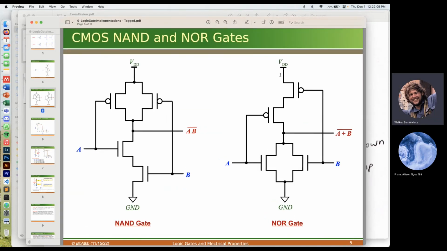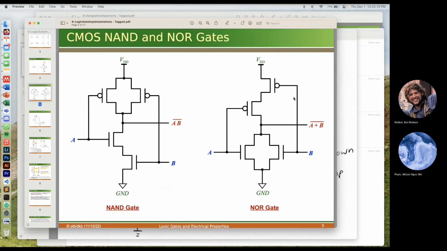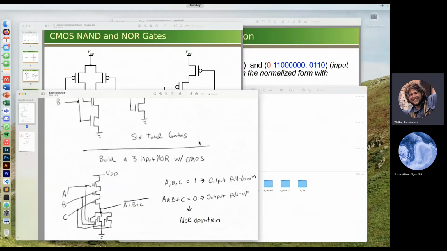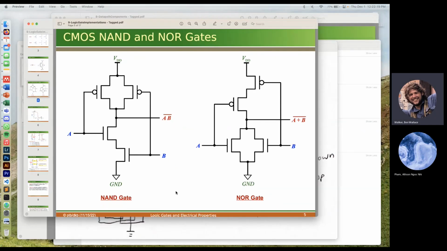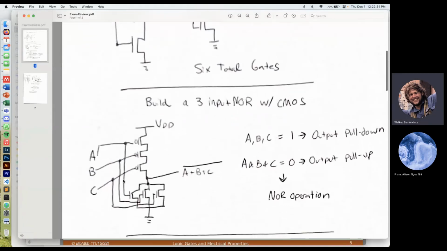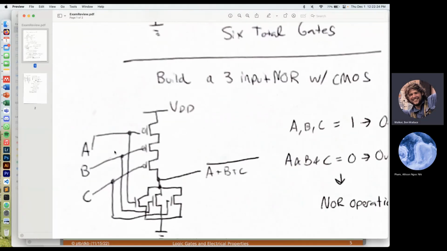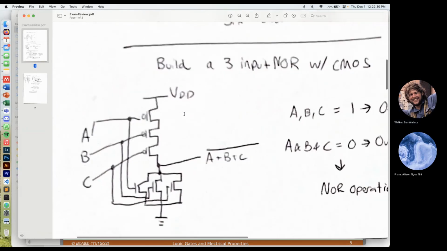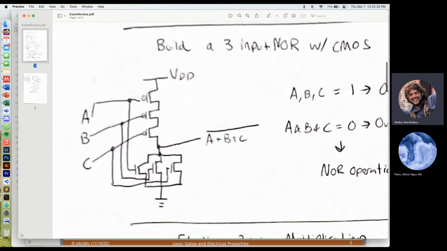We want the output to be pulled up only when all of the inputs are 0. So only when A, B, and C are all 0 does the output equal 1, because these are in series.